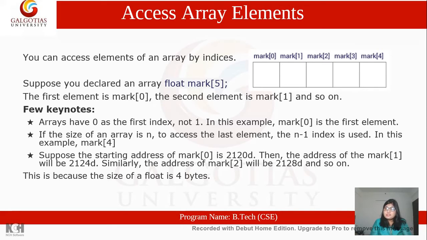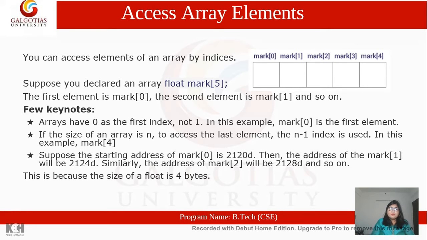The first index starts from 0. If the size of an array is n, then to access the last element, the n-1 index is used. As we have already seen in previous examples, when we have a size of 5, the index values will range from 0 to 4. So if you want to access the last element, that will be at index value 4.